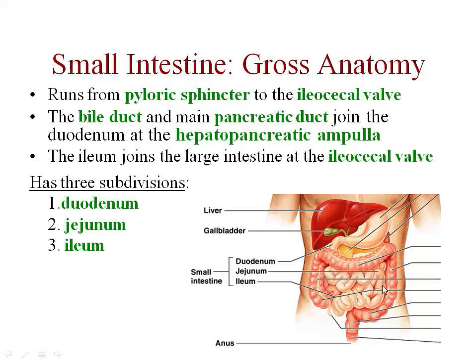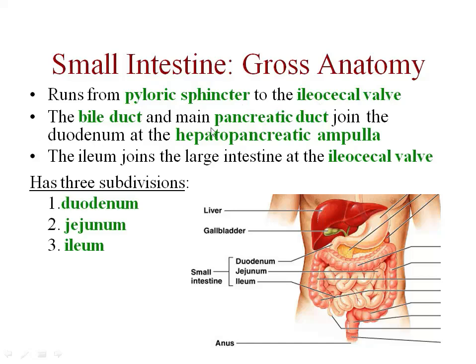It is kept in coiled form in the abdominal cavity, and the duodenum leads to the jejunum and ileum, which then join the large intestine at the portion where there is an appendix. So this runs from the pyloric sphincter of the stomach and ends at the ileocecal valve.